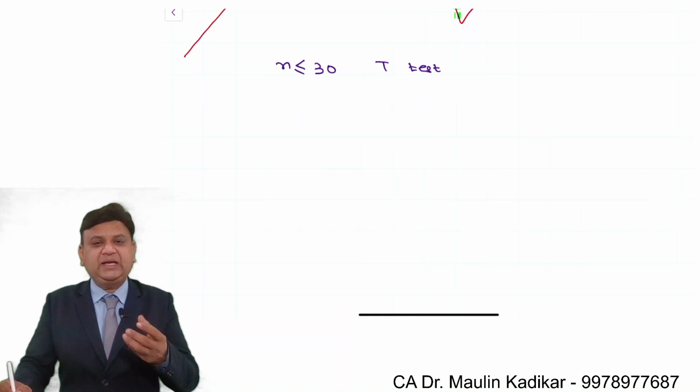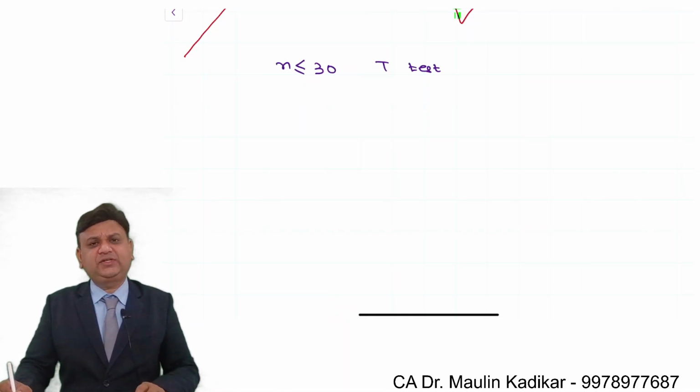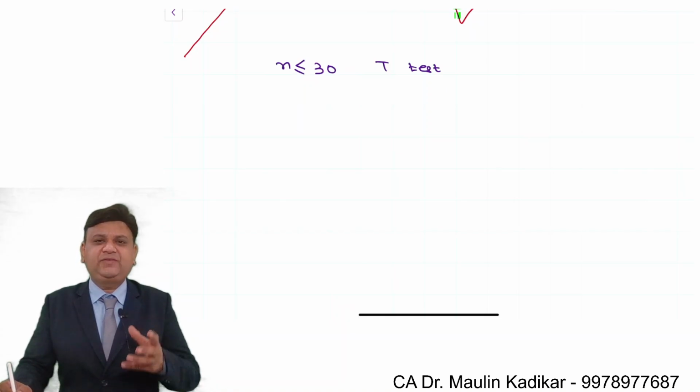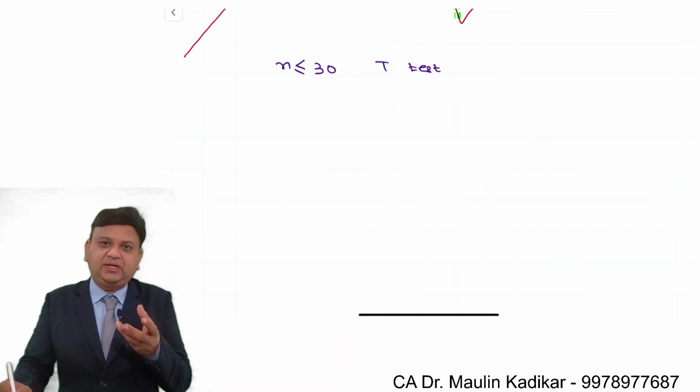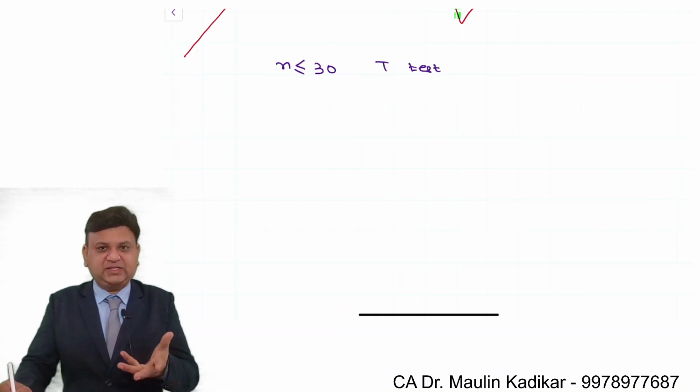The t distribution test analyzes the sequence of the price change. If the sequence of the price change is very less in that time period, then we can say the market is not in weak form of market efficiency. That is the first thing that we understand.